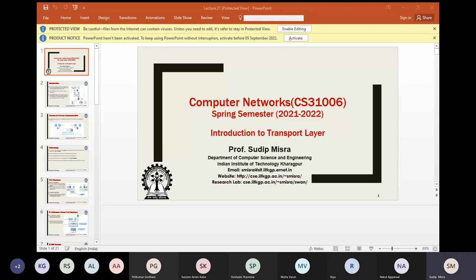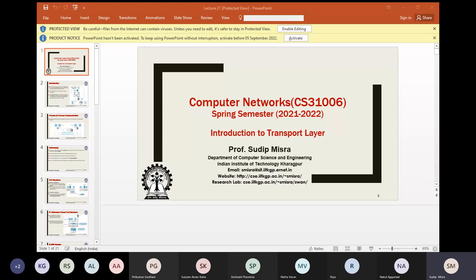Whenever we say connection-less, that means that without establishing the connection, you can keep sending the units. And whenever it is connection based, that means that first the connection has to be established between the client and the server, or the two hosts, and only after the successful connection is established can you send your data.